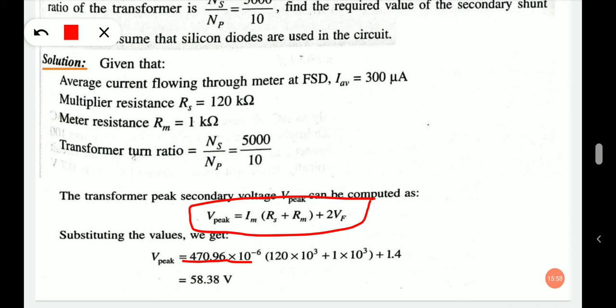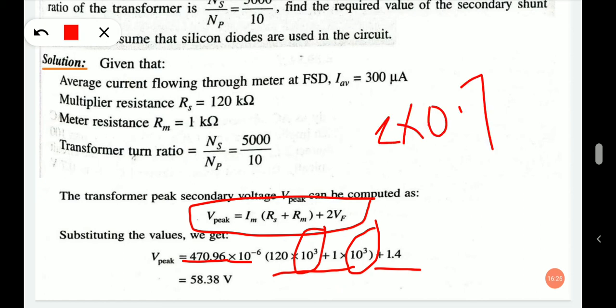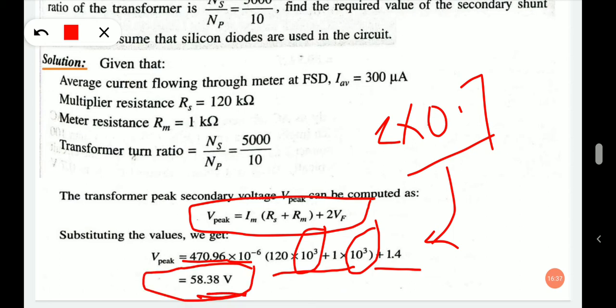That is Im, the peak current, in microampere, so that's why 10 raised to minus 6 is there. Rs plus Rm: 120 kilo ohm, so 10 raised to 3, plus Rm is 1 kilo ohm, so again for kilo 10 raised to 3, and plus 2 into Vf. Vf is 0.7 because of silicon diodes, so it becomes 1.4, and we will get the peak value of voltage as 58.38 volt.